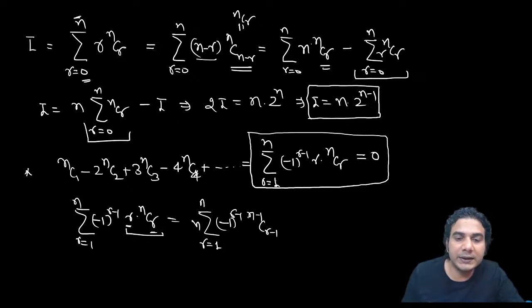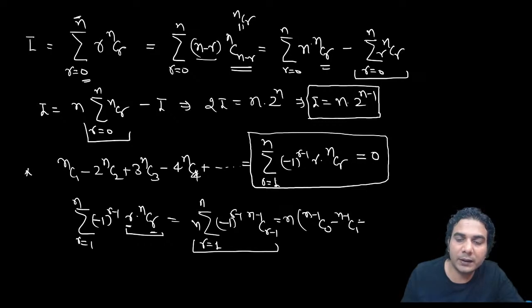Now you see this is nothing but the sum of all the binomial coefficients with alternate plus minus sign. I'll expand it for you. It is (n minus 1)C0 minus (n minus 1)C1 plus (n minus 1)C2 and so on. Now you know the sum of all the binomial coefficients with alternate plus minus sign is 0. So this is nothing but 0.